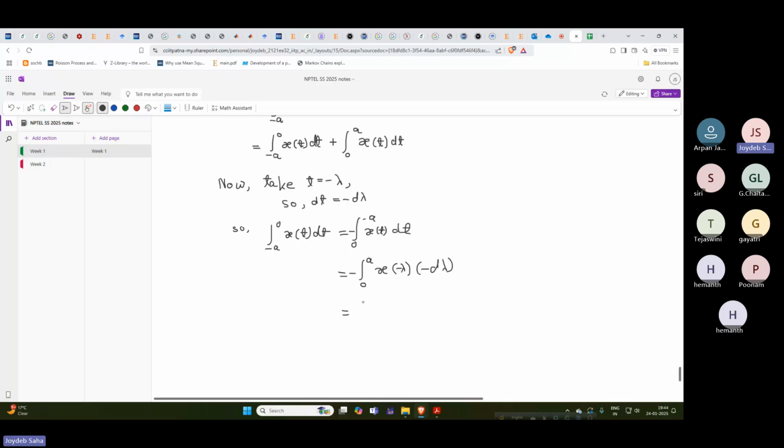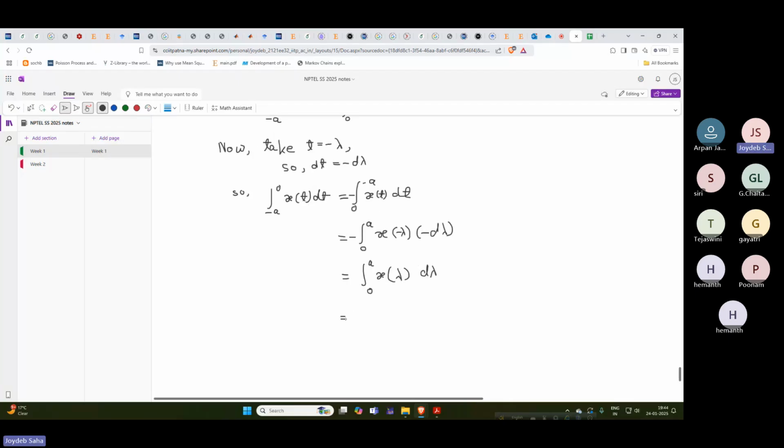It is basically the integral from 0 to a of x of lambda d lambda because it is even. So we can write it as the integral from 0 to a of x of t dt.